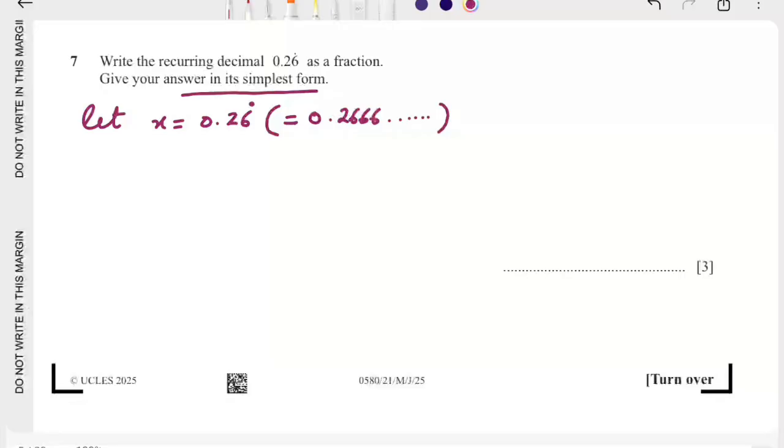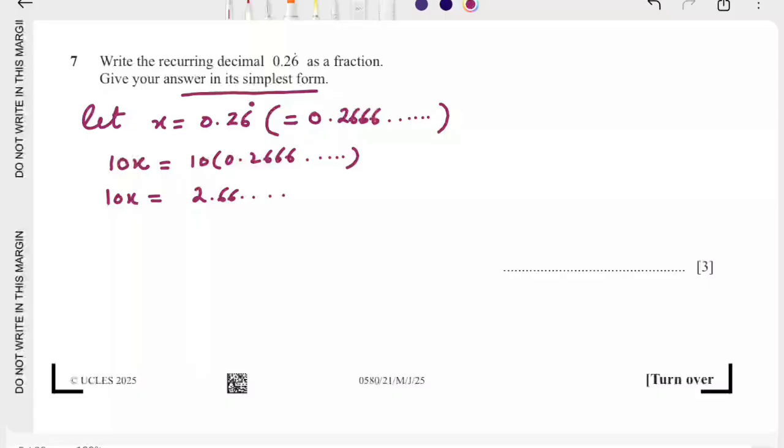Now as one value is recurring, we'll multiply both sides by 10. So multiply 10 with x and the other value as well, 0.2666 and so on. So it would be 10x is equal to 2.666 and so on.